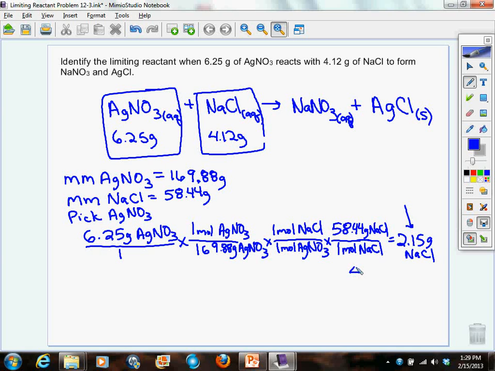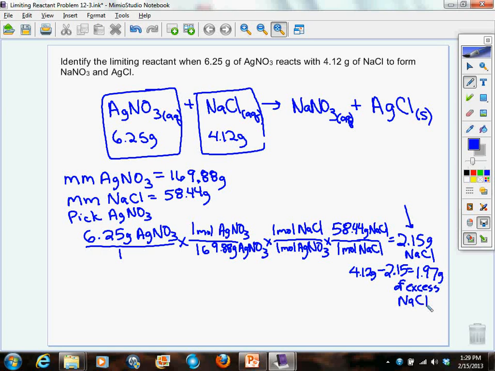In other words, I have 4.12 grams of sodium chloride minus how much I need if I use up all of my silver nitrate. And this gives me 1.97 grams of excess sodium chloride.